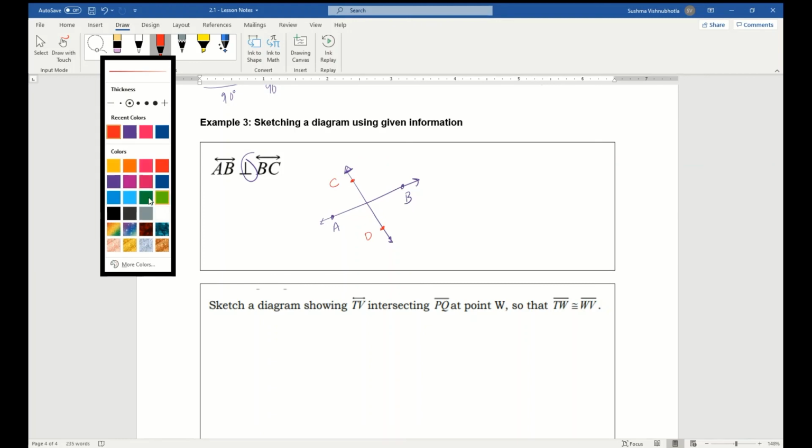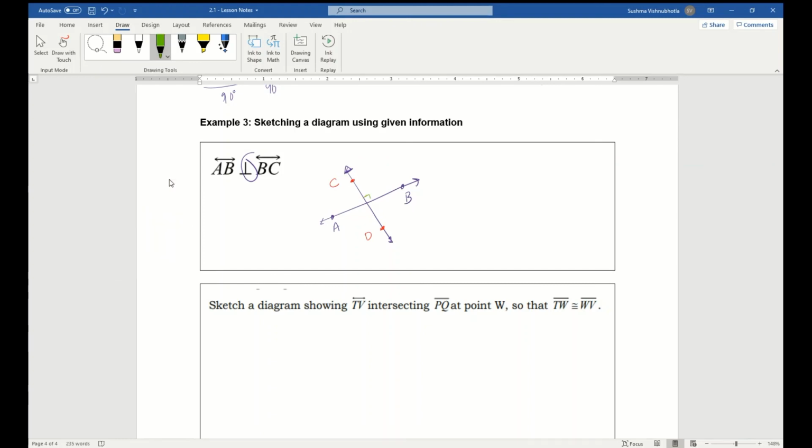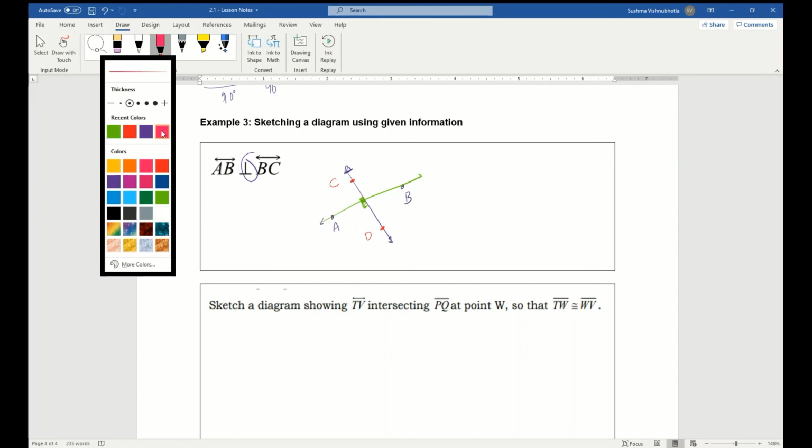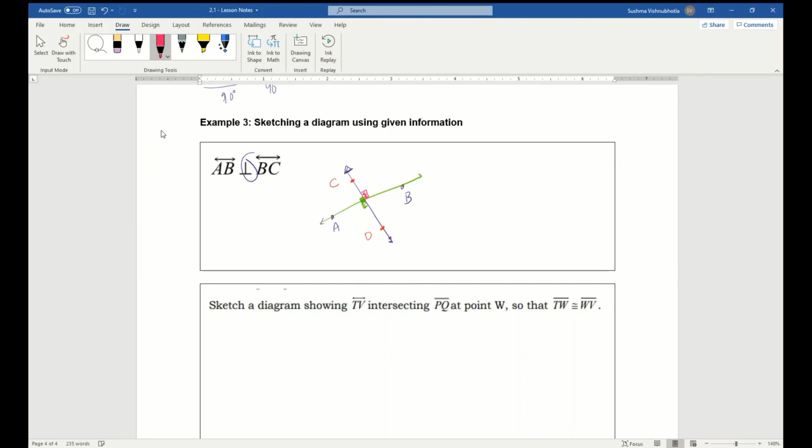And they actually intersect at 90 degrees. Okay, and you don't have to add all of these symbols. You can just add one. If you add one little symbol here, that's enough. That means they cross at 90.